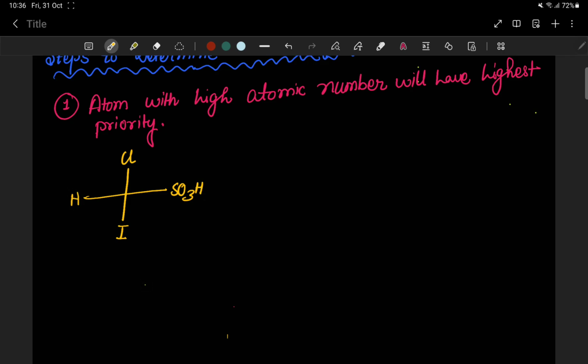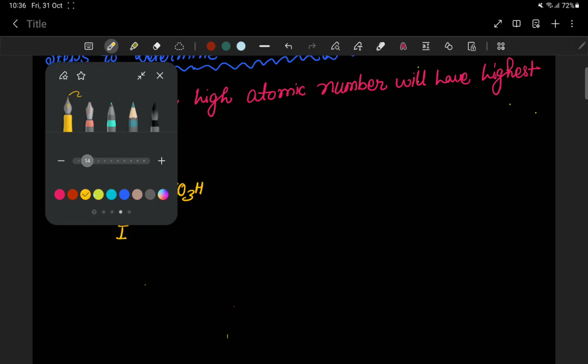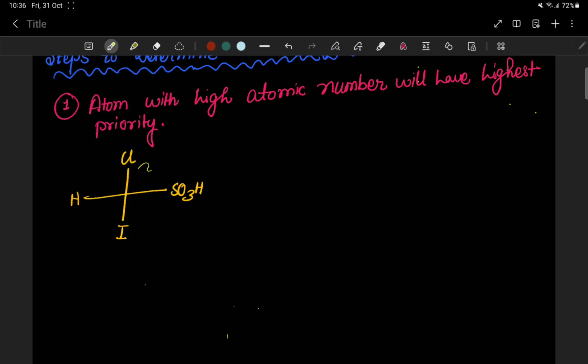Fine, let's write the atomic numbers. Let's start from hydrogen. Hydrogen atomic number is 1. Then chlorine with atomic number 17, then iodine with atomic number 53, and then S with atomic number 16.